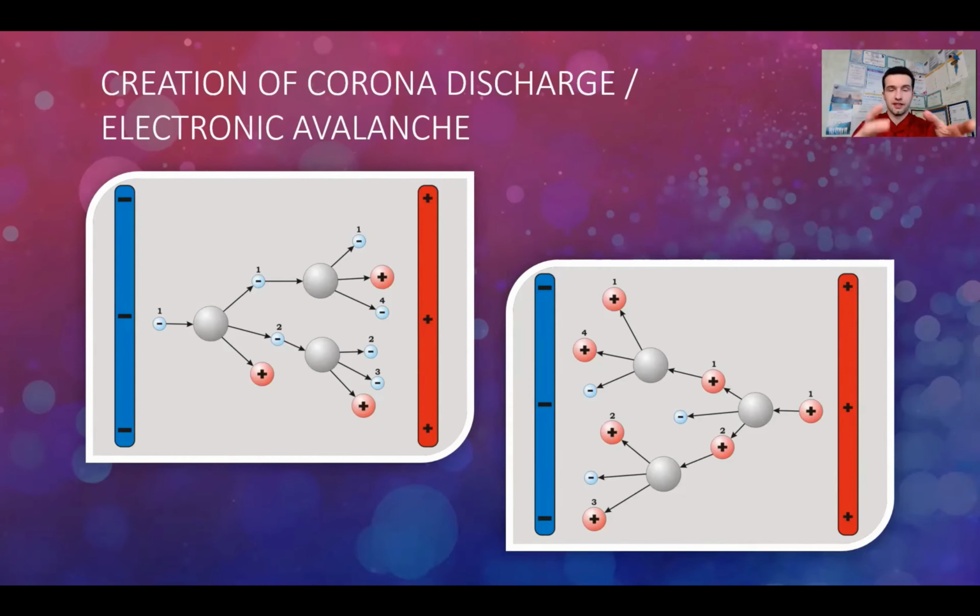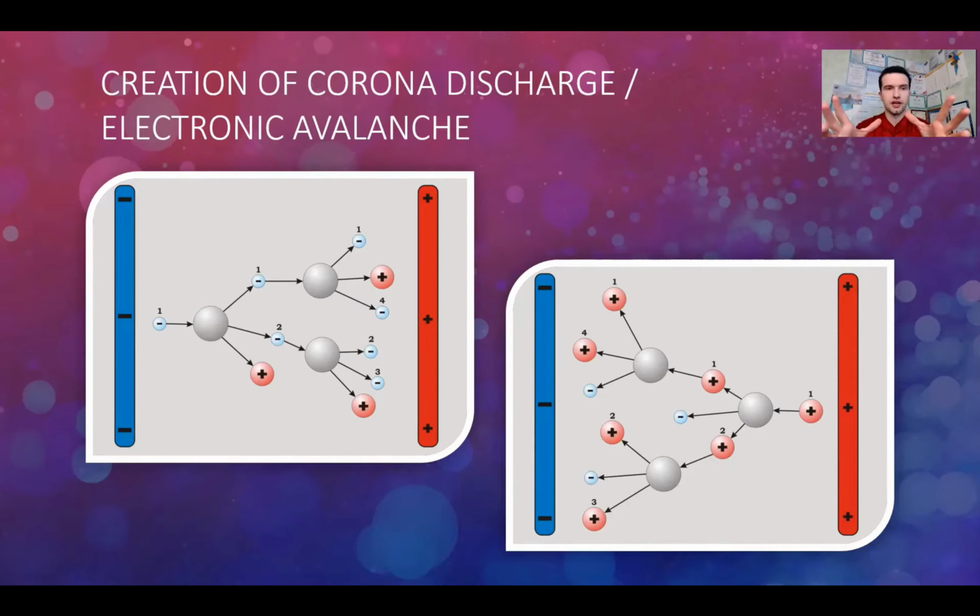That can also be seen as coronal discharges, because just because of a few electrons appearing in the air, they multiply very fast with very high speed and create lots of free electrons in the air.